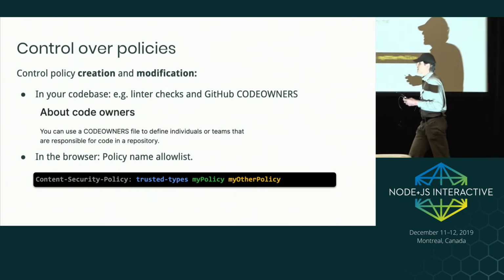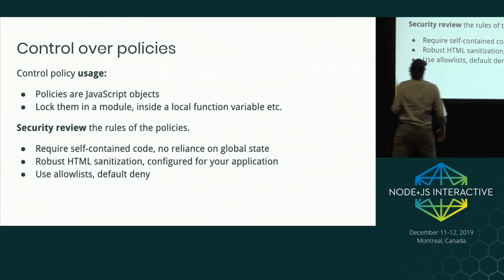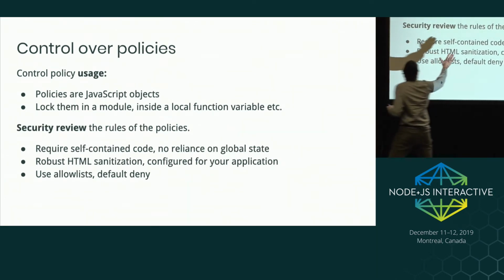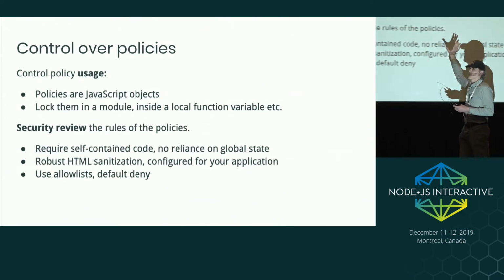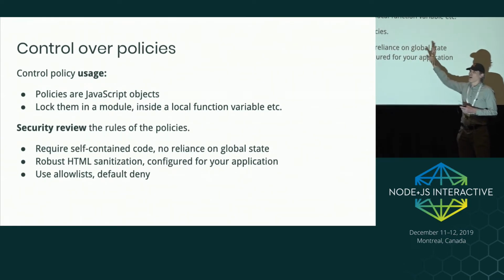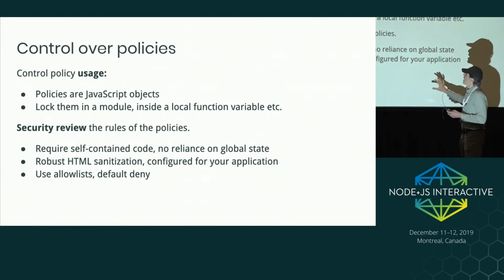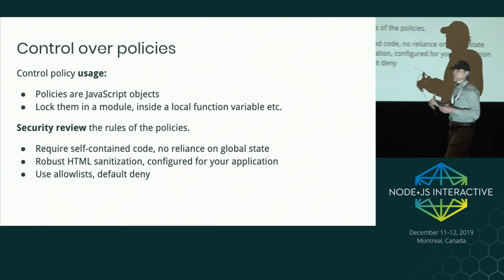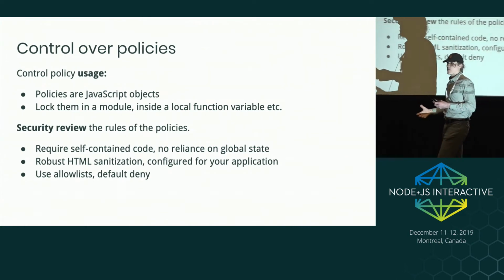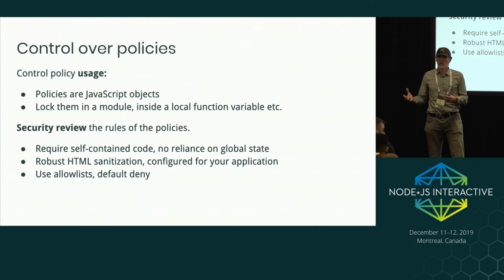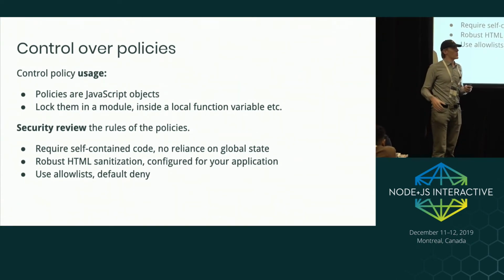Next slide. So policies at runtime, they're just JavaScript objects, but they're JavaScript objects whose code has been carefully reviewed. And you can use the usual JavaScript language features to define how other parts of the code interact with them.